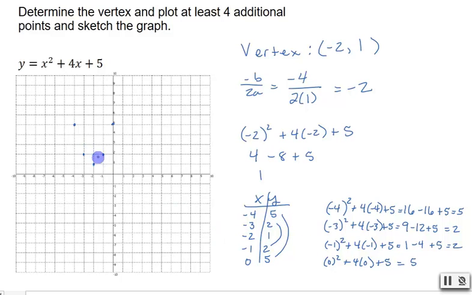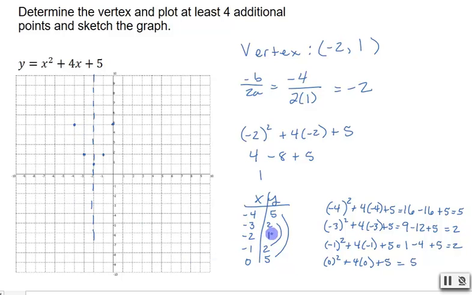Okay, you notice symmetry in your graph. If you can envision this axis of symmetry that will always go through the vertex, if you plot this point, you know that there's going to be a buddy point over here. If you plot this point, you know there's going to be a buddy point over here.